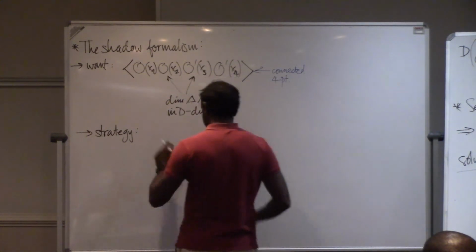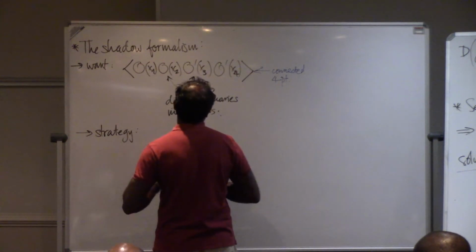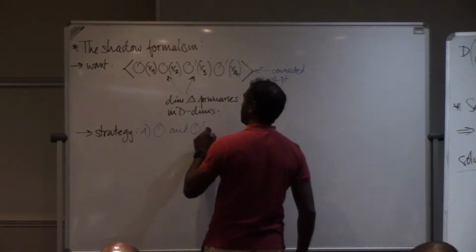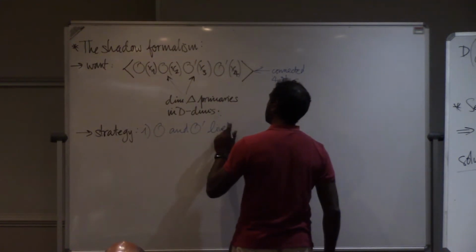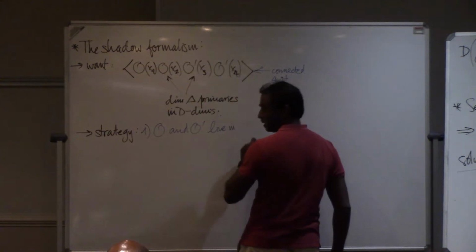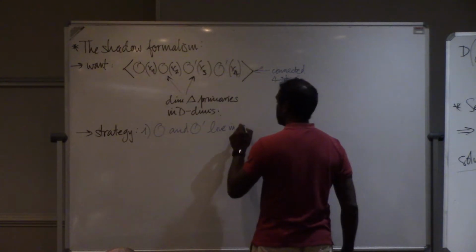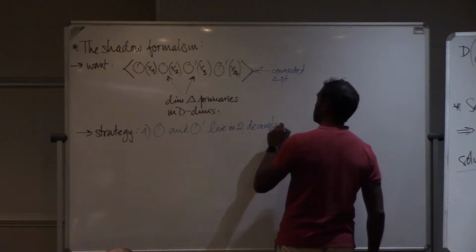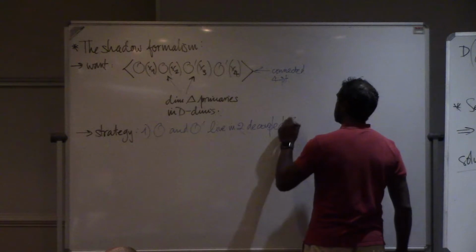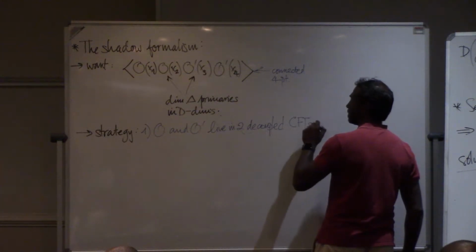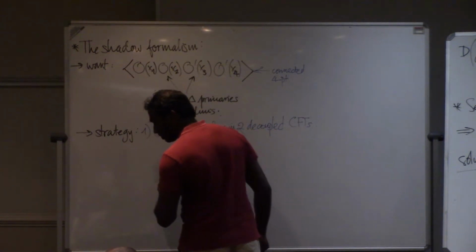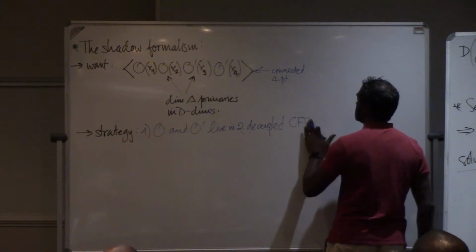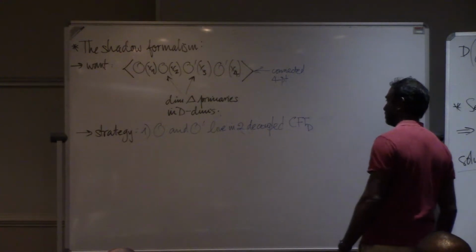So point 1 is: O and O prime live in two decoupled CFTs in, let's say, d dimensions.